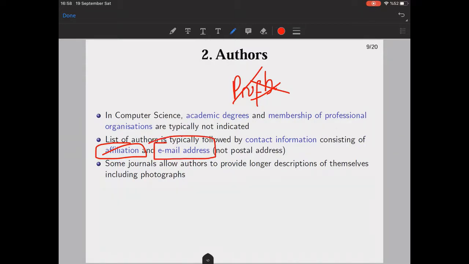Some journals allow authors to provide longer descriptions of themselves, like short CVs, in a few paragraphs maybe, including photographs as well, and their areas of research and maybe some of the projects they worked in. Some journals allow it. I think IEEE journals have that kind of information at the end of the papers about the authors, as far as I remember.